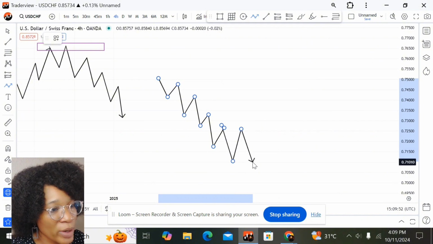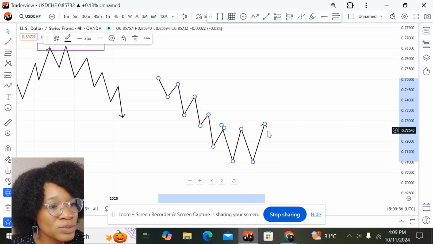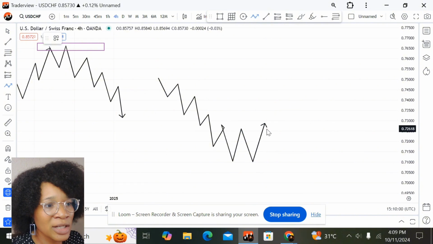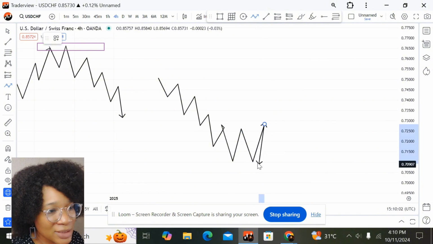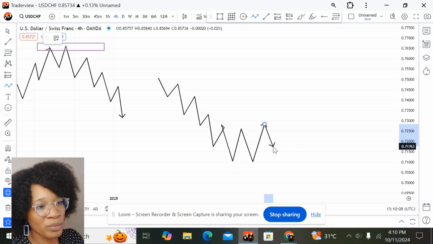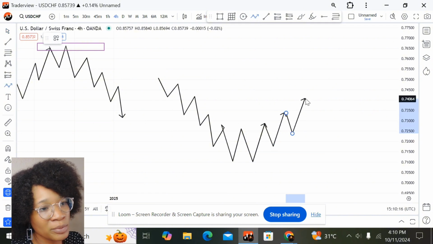It may just be somewhere close, and then it does this. It doesn't come right back to take out this low, which is what is expected in a downtrend. It just finds another zone from here and continues to buy, indicating the beginning of an uptrend.